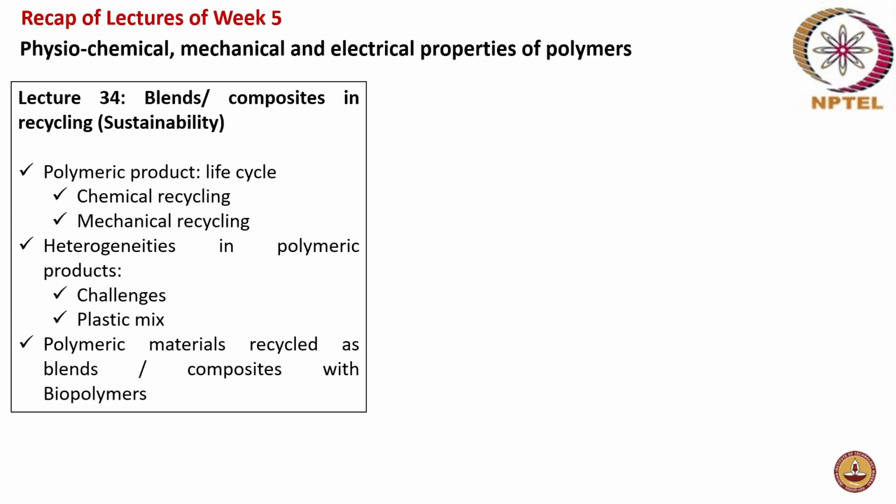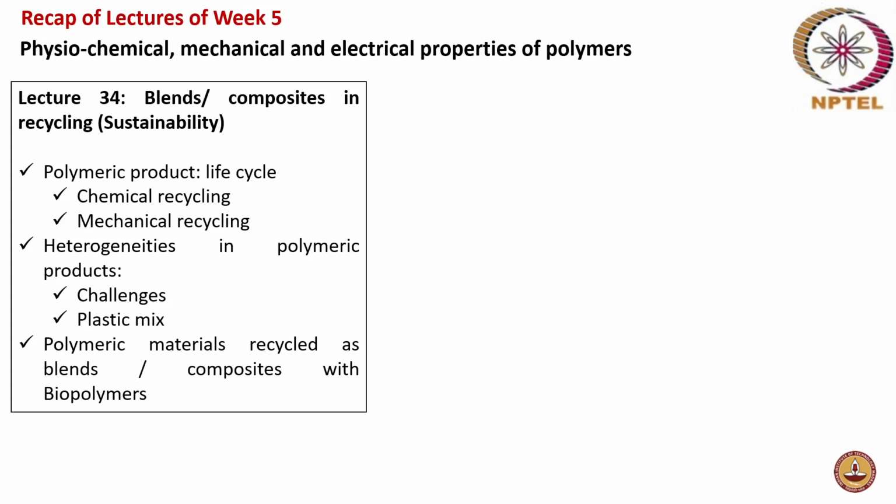Then blends and composites in terms of recycling and sustainability. So chemical recycling, mechanical recycling, challenges, because of the heterogeneity in polymers. For example, a simple chips packet can have multiple layers, right. So that is a challenge in recycling and also in sustainability of these polymers.